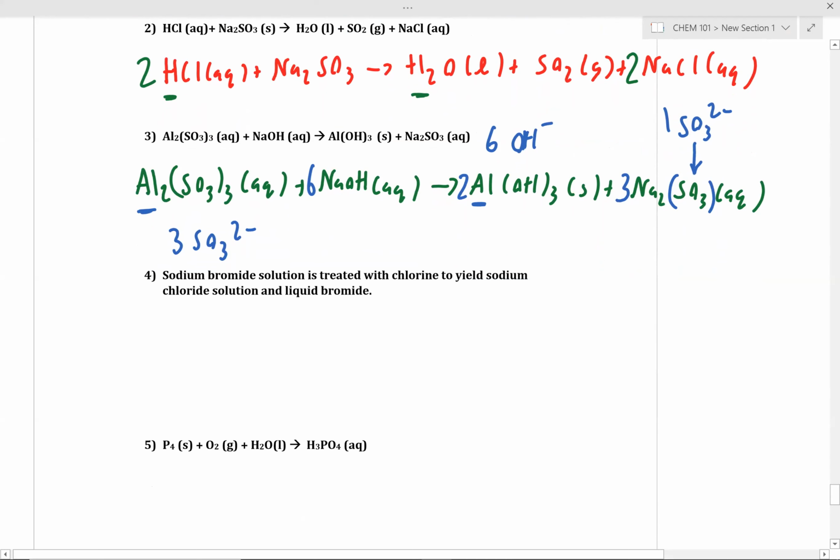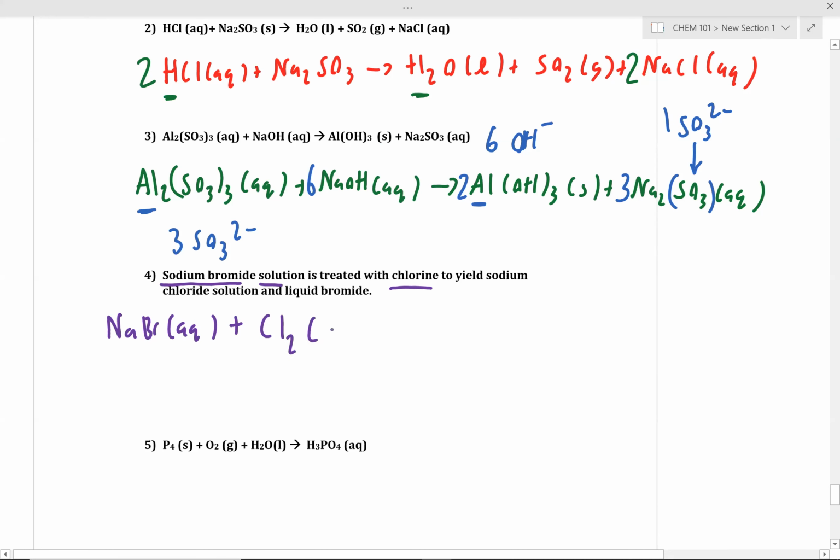Now let's read through. What's the formula of sodium bromide? Let's transcribe this name into formulas. Sodium bromide. NaBr. Yep. And it's a solution, so it's aqueous, and it's treated with chlorine. What's the formula of chlorine? Cl2.